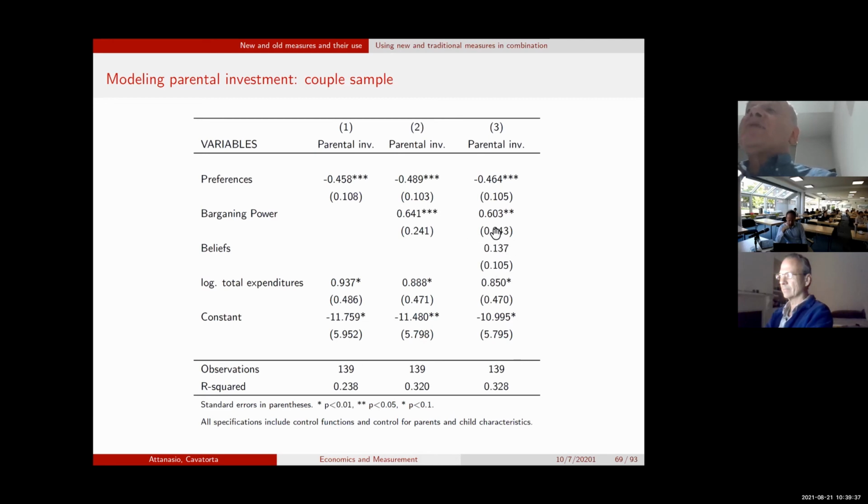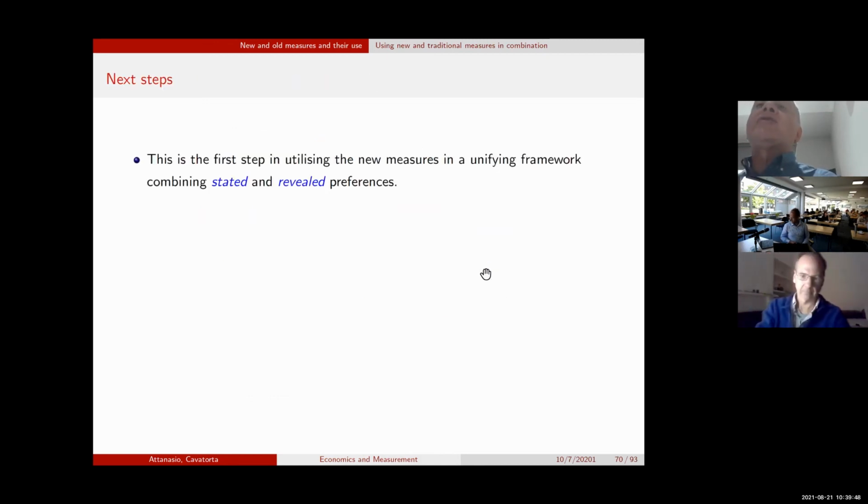The beliefs are not significant, but that means I respect the right side. So that's our attempt to use this data in combination with the actual expenditure.